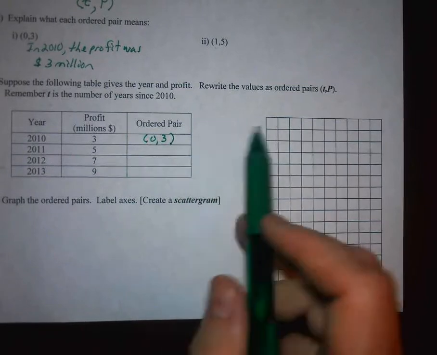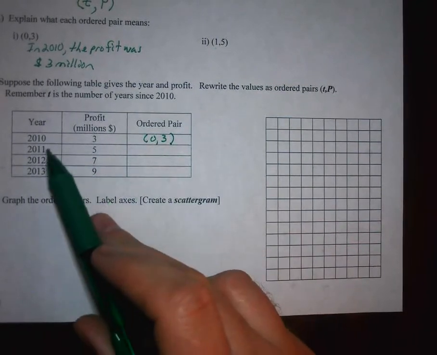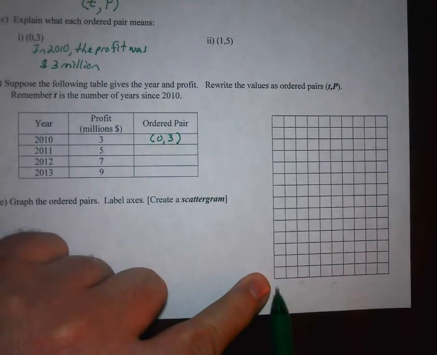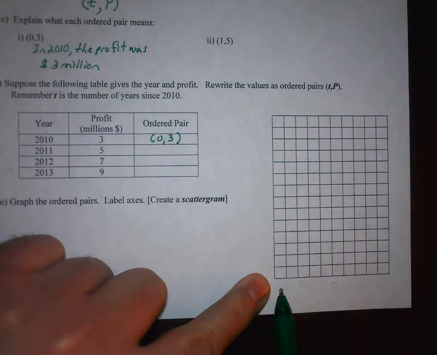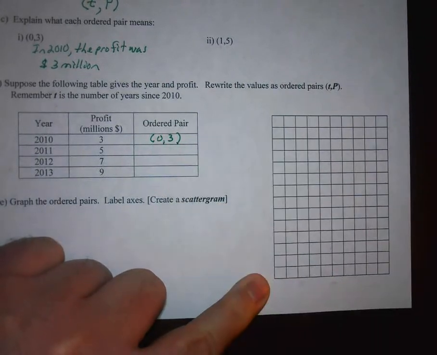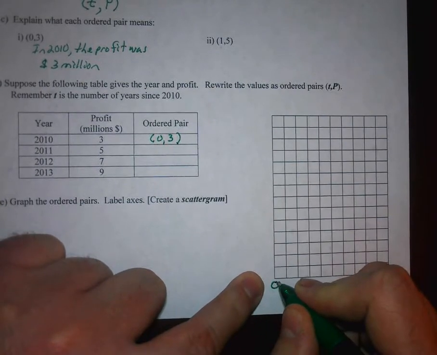So we take advantage of the fact that we said T equals 0 represents the year 2010. So rather than putting the year down here of 2010, we're going to put 0 years since 2010. So the very first value on the bottom left will be 0.